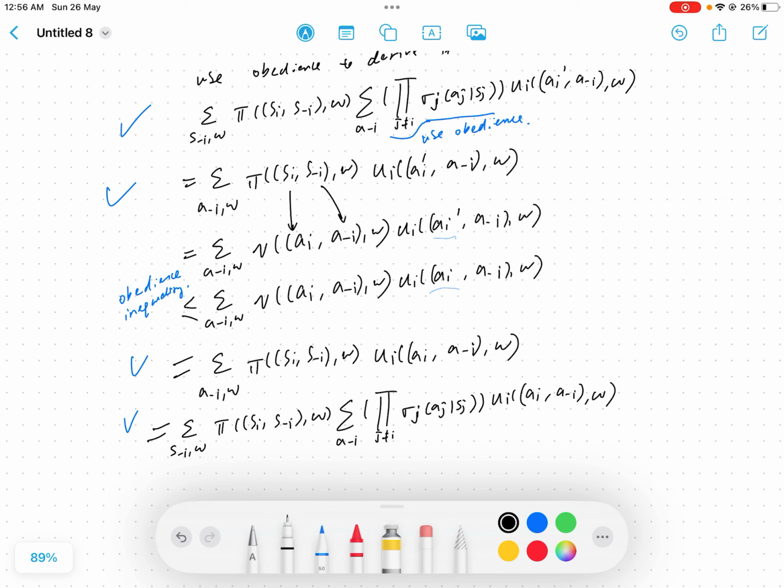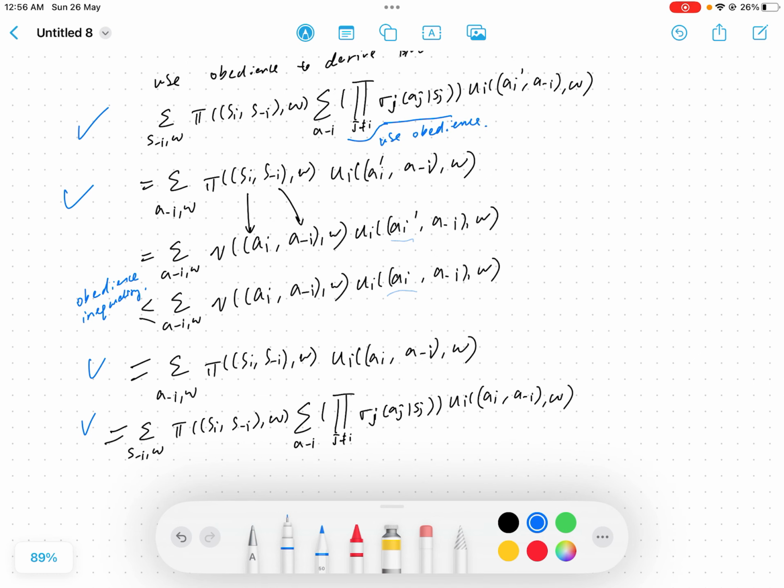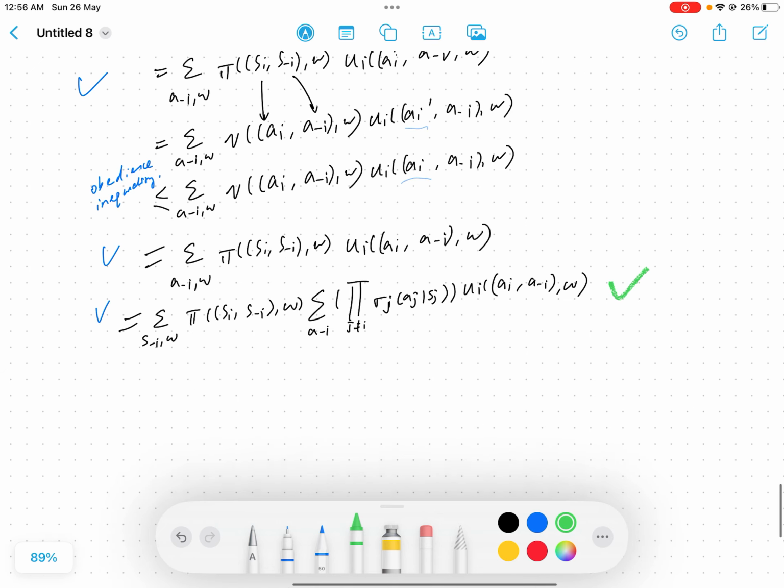This should be equal. Perfect. From here, we can already see that this is less than or equal to this, so the first expression is less than or equal to the last one.